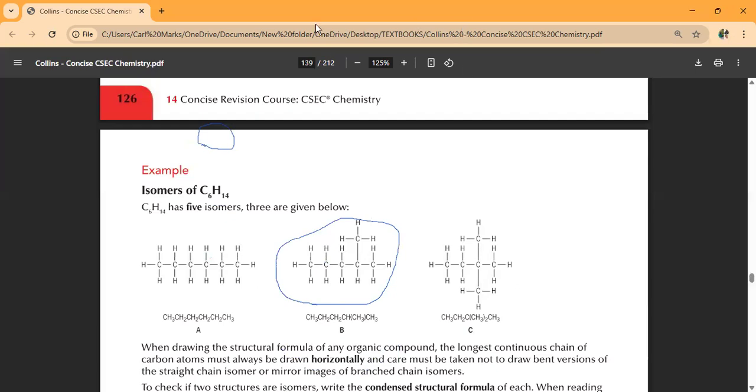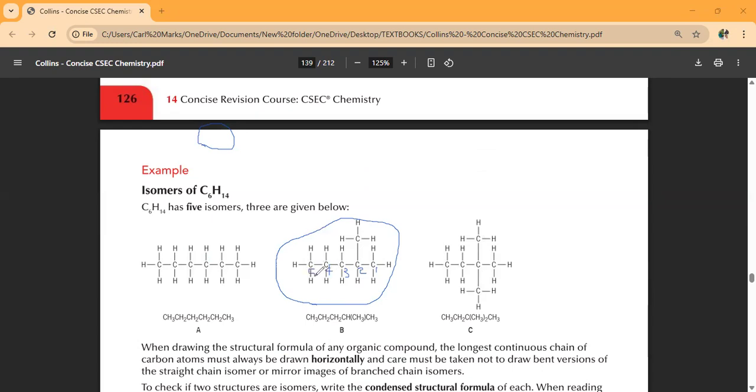So we start from this end and not left. We start right. So this is carbon 1, 2, carbon 3, 4, carbon 4, and carbon 5.